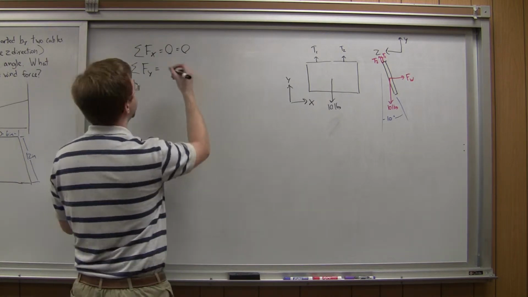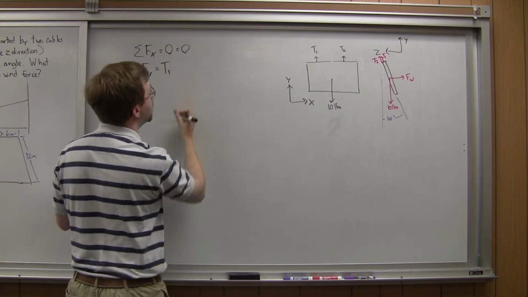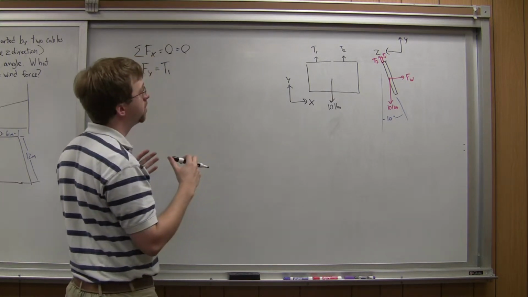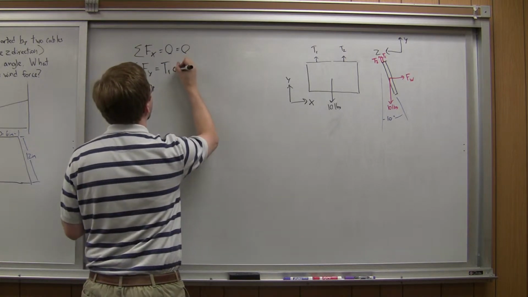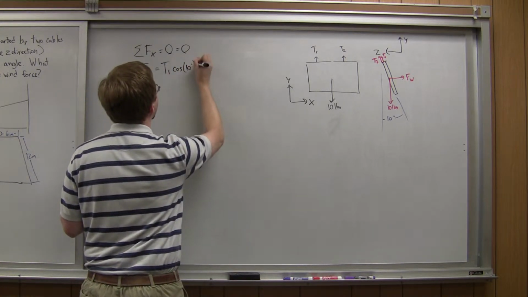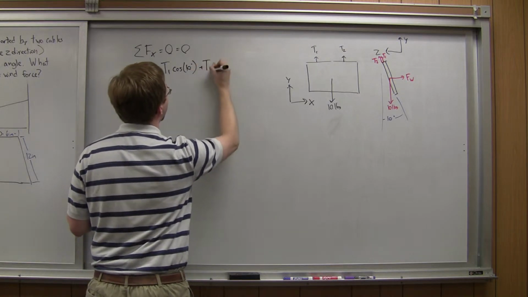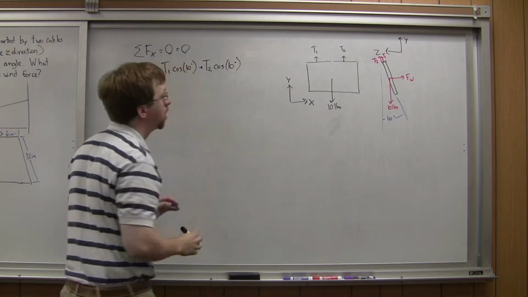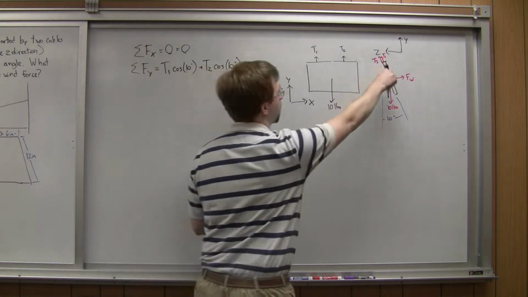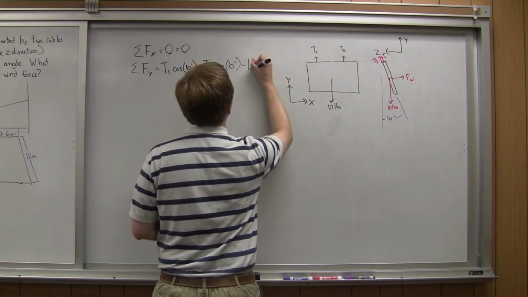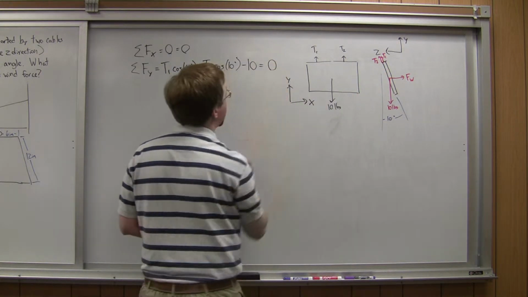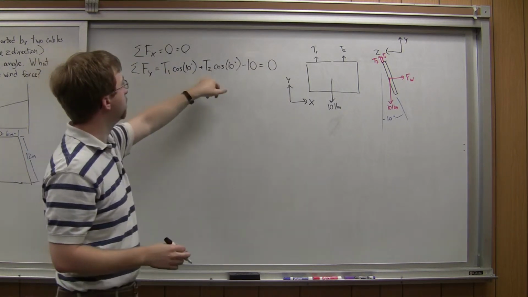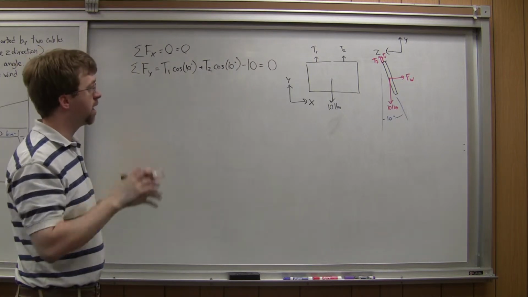So it's going to be T1 times the cosine of 10 degrees plus T2, again times the cosine of 10 degrees. And I have this downward force, this 10 pounds, so minus 10, and that's all the forces in the y direction, so that whole thing is equal to 0. In this equation, I don't have anything about the wind force.